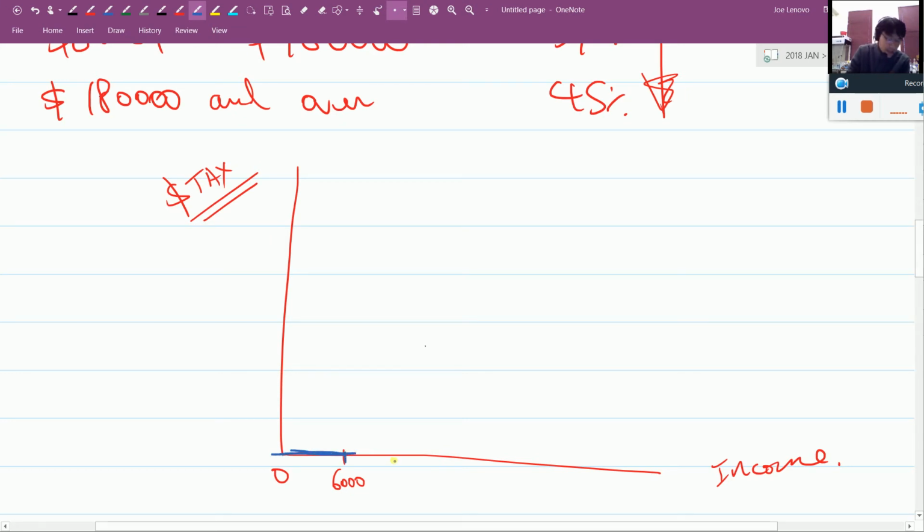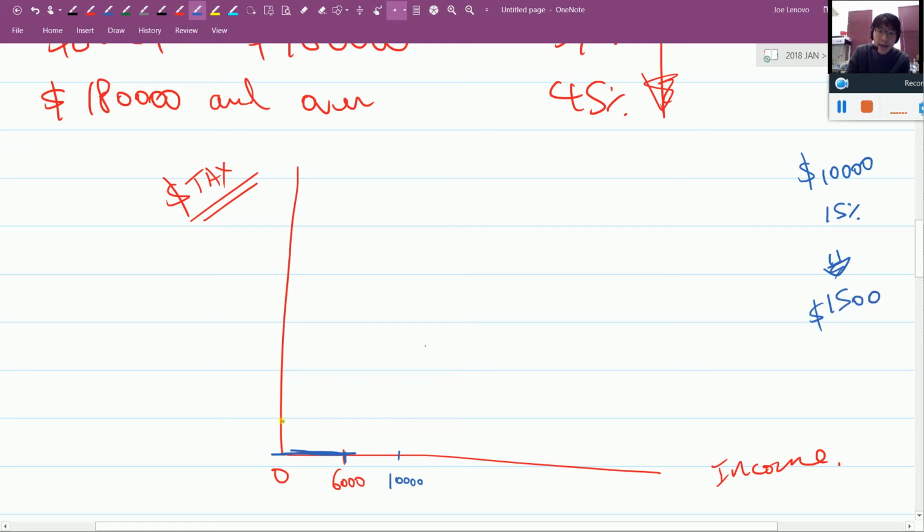And then from $6,000 onward, for every single dollar you pay 15 cents. So let's say you get up to $10,000. For $10,000, you're going to pay 15% of it, which is about $1,500.